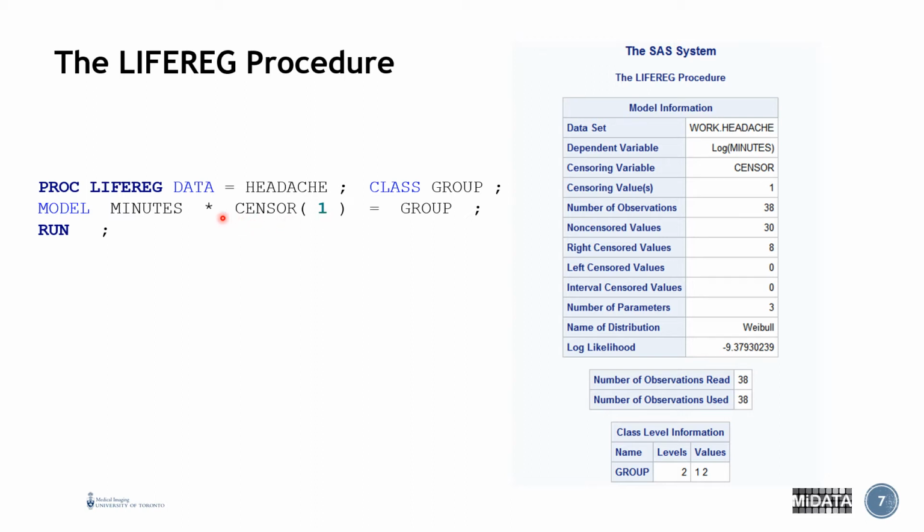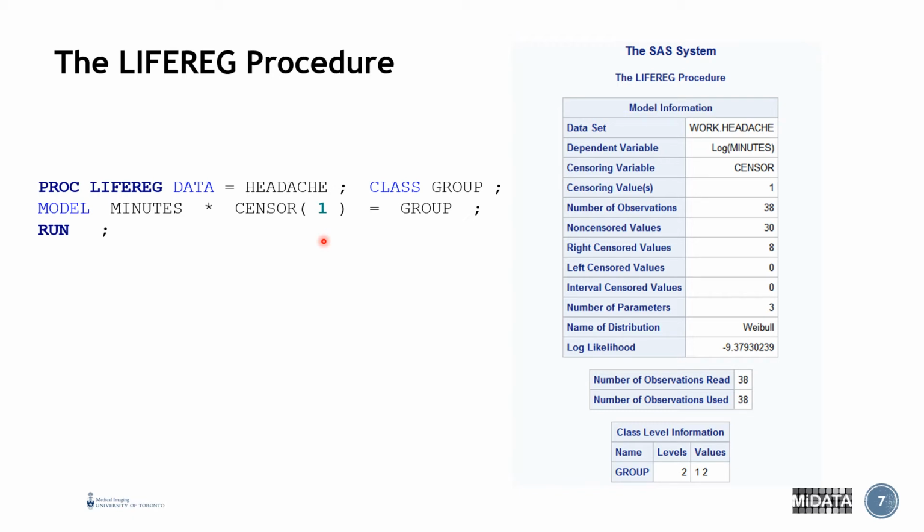And so you do so by including it here with your outcome, and you put the variable, which we named censor, which makes sense, that's going to indicate whether or not the subject was censored. And then you tell SAS what you used in order to identify as censored or not. And so in this case, we're saying 1 in this variable called censor means that the subject was censored.